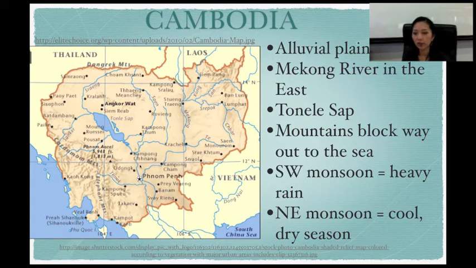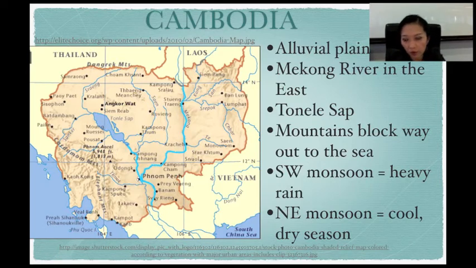Cambodia's most important river is the Mekong River, and it's the longest river in Southeast Asia and the 10th largest in the world. Okay, here's the Mekong River.